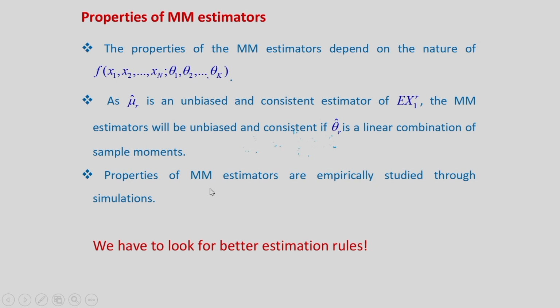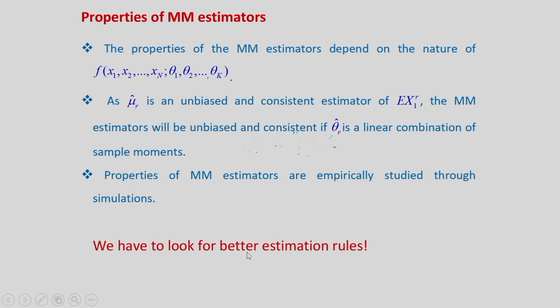It was introduced by Pearson as far back as 1901, and it is widely used also, but it may not have the good properties of an estimator. So, we have to look for a better estimator.